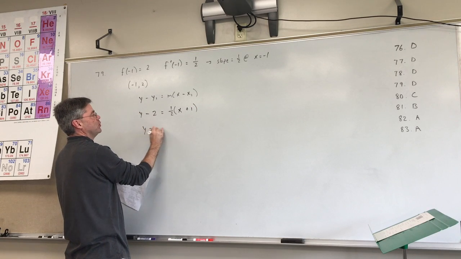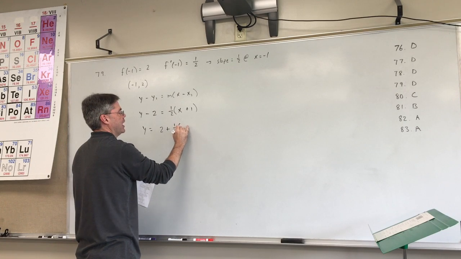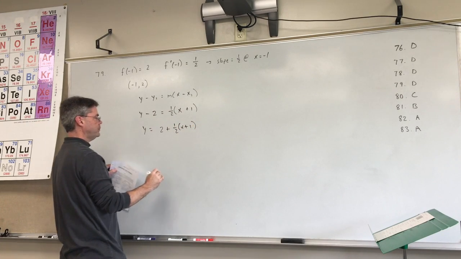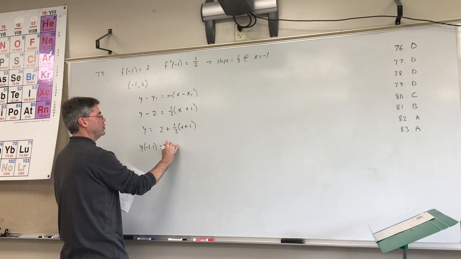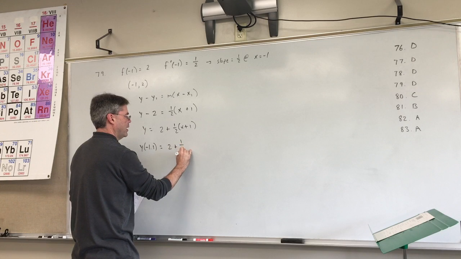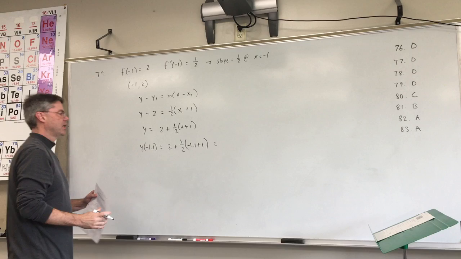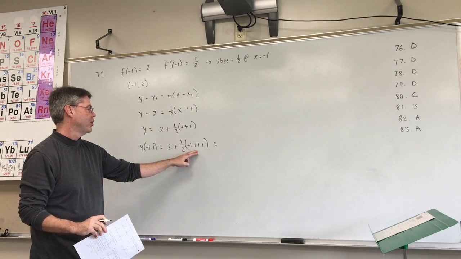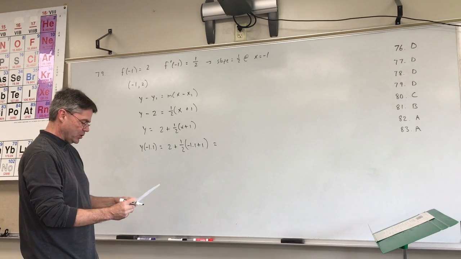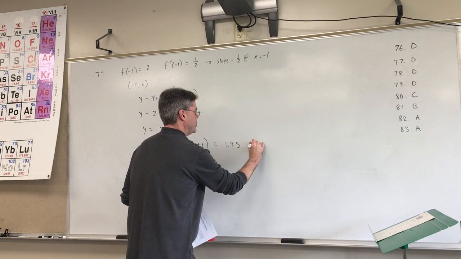So y equals 2 plus 1/2 times x plus 1. What is y of -1.1? Well, you just plug in -1.1 for x. So that's 2 plus 1/2 times -0.1, which is -0.05. So that'd be 1.95, which is answer D.